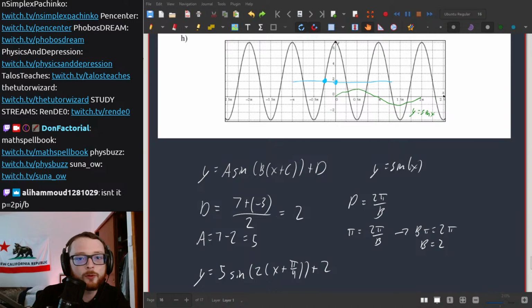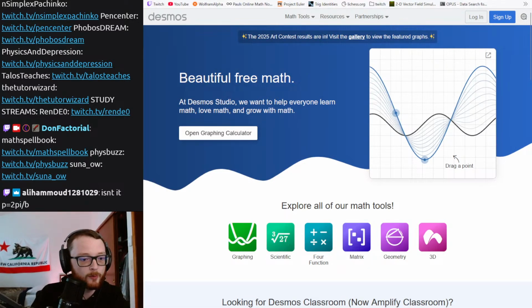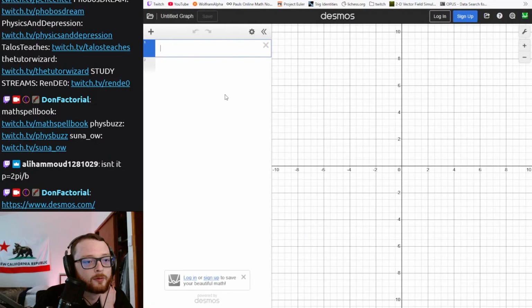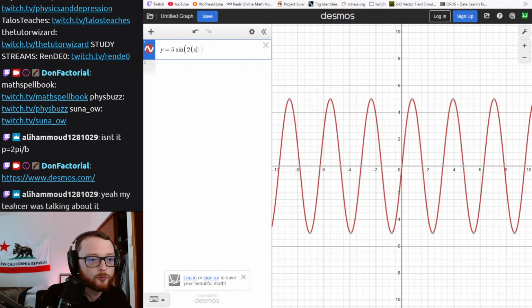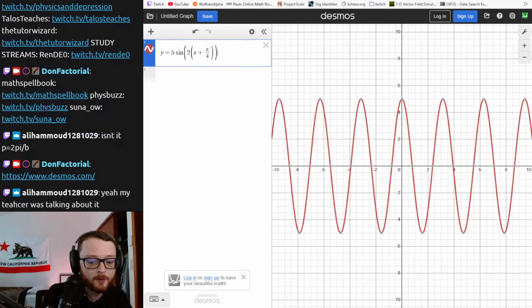And I can even do you one better here. If you don't know about the website Desmos, you should, because this is a really good time to use Desmos. It's just a very nice, clean graphing tool. So 5 sine of 2 times x plus pi over 4, plus 2.